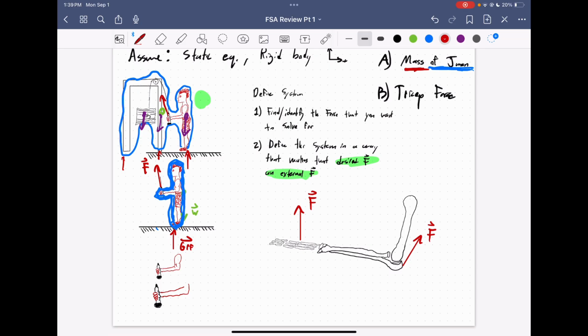So, in this example, if I were to make the entire shoulder, the entire forearm the system, would that be helpful? I'll redraw it because you're right, the tricep is part of it. Would this be helpful? You may think, oh, well, they have one force.